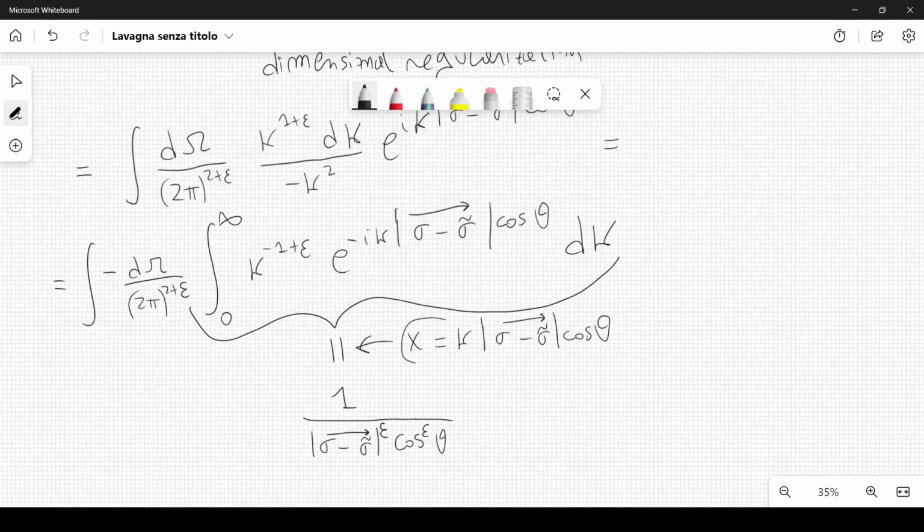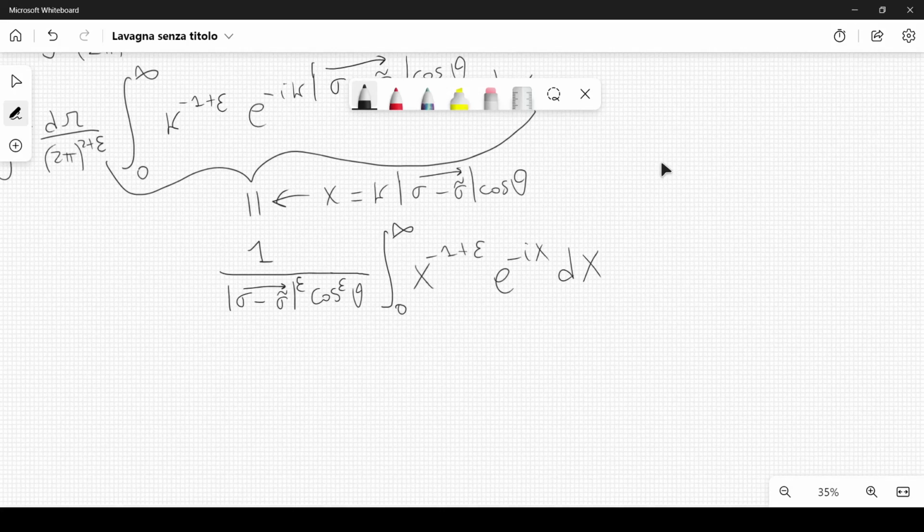And it simply comes from this substitution, as I said, because dk would be written as dx divided by this constant. And then k to the minus 1 plus epsilon would be written as x to the minus 1 plus epsilon. Then this constant here would be in the denominator raised to the minus 1 plus epsilon. But the minus 1 will be cancelled by the plus 1 that you get from here. So you get this denominator raised to the epsilon, which is a constant, and you can take it out of the integration. Then you have an integral from 0 to infinity of x to the minus 1 plus epsilon e to the minus ix dx.